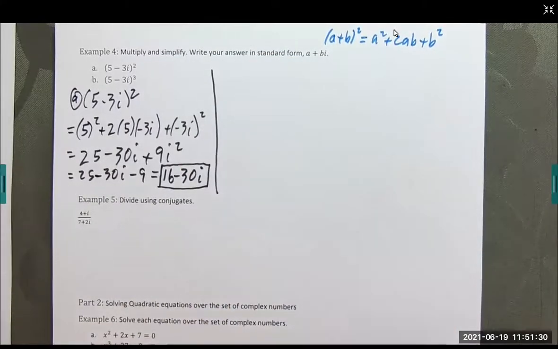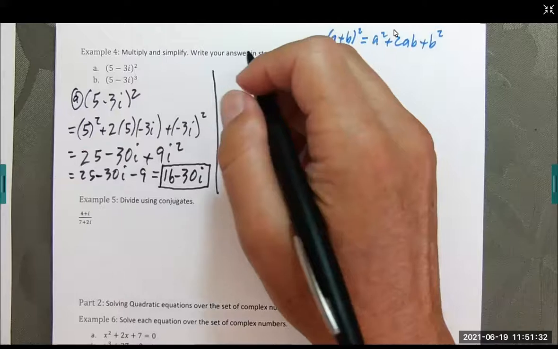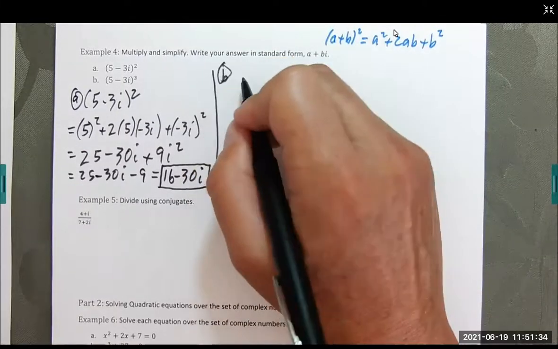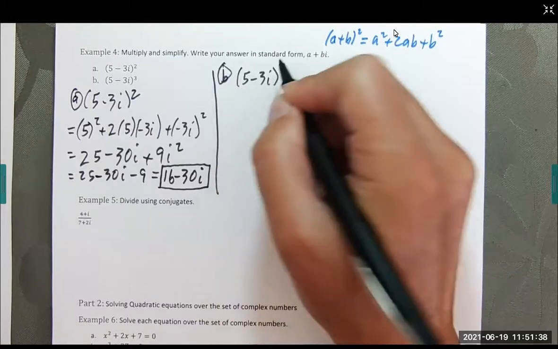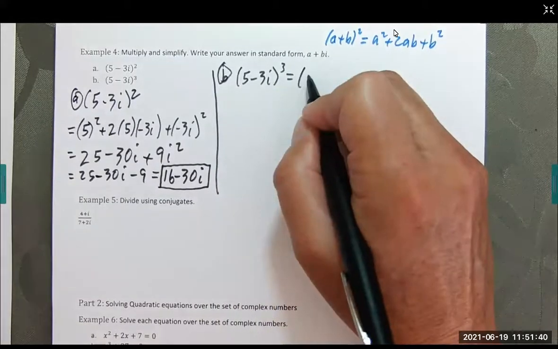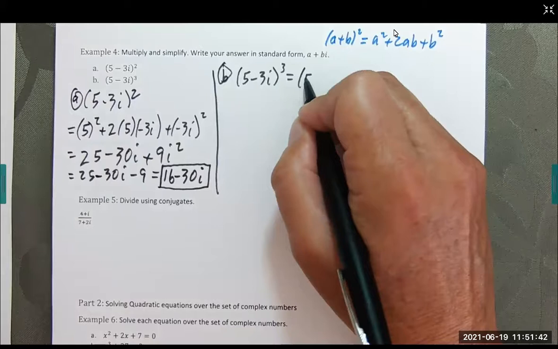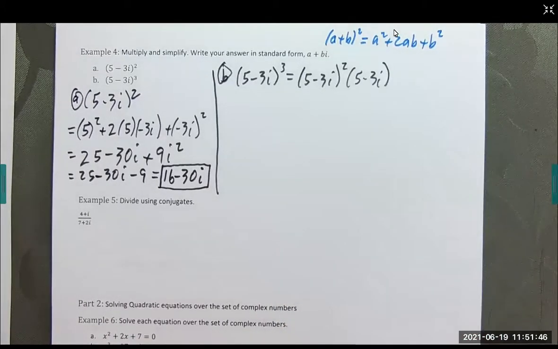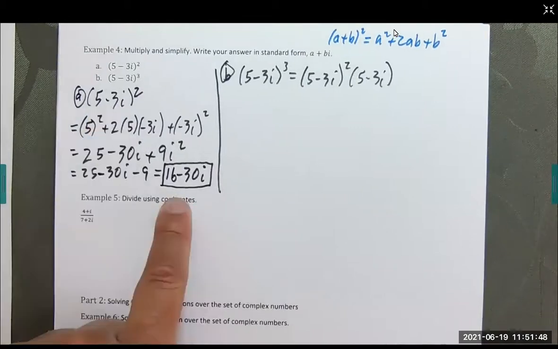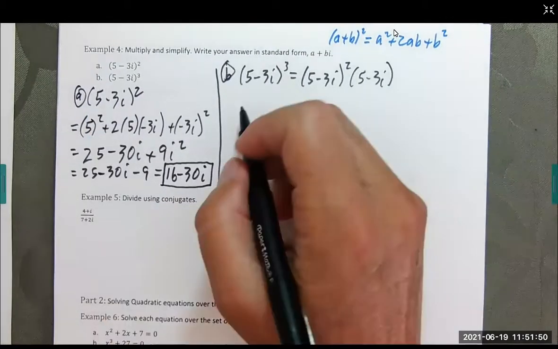Now part B is raised to the third power. And if we recall, 5 minus 3i to the second power times 5 minus 3i is how I could break this up. And I'm going to actually use my previous answer to multiply this out.